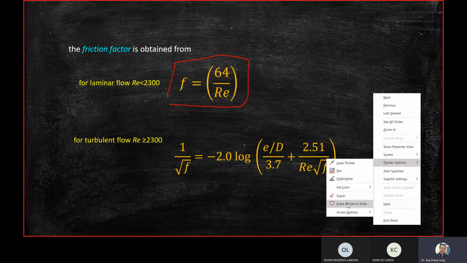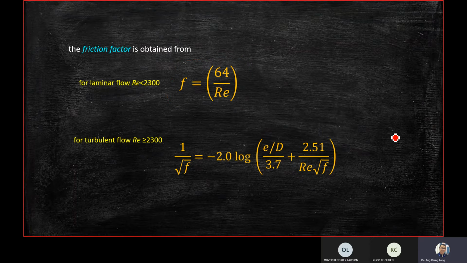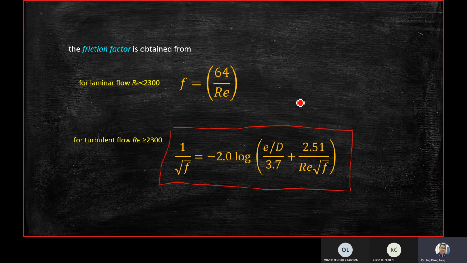I do not expect you to memorize this formula, but you should have this equation somewhere in your notes when you come to the final exam, because there will be a section asking you to analyze using two methods. One is using Moody chart. One is called analytical method, means you use this formula to find the F.